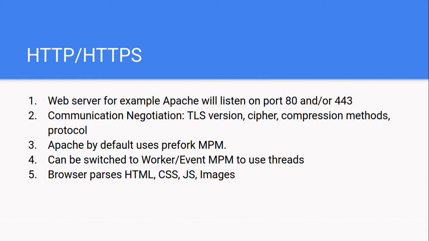This MPM can also be switched to worker or event MPM to use threads. By default, the prefork MPM is used, and prefork MPM utilizes one process per client. But if you use threads, we can allocate multiple threads to multiple clients, basically saving overhead or resources.